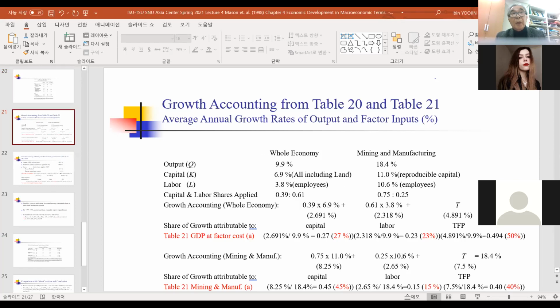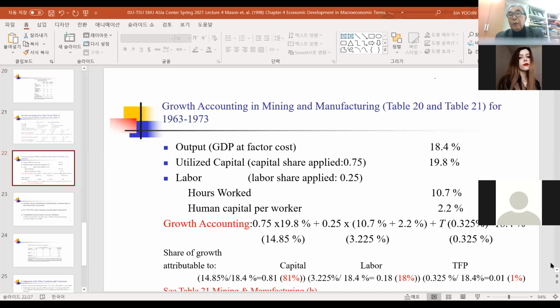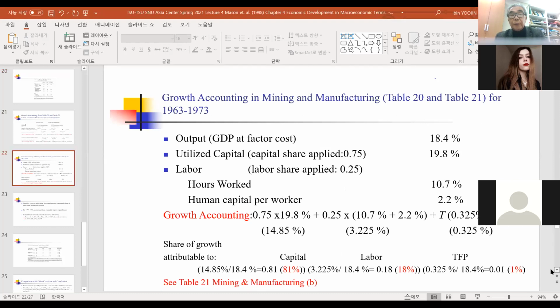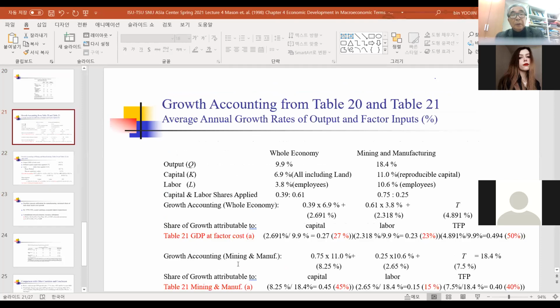That must be the labor growth rate. So go back to Table 20 and find mining and manufacturing labor, 10.6%. You got this number. Okay? So you can make growth accounting for mining and manufacturing alone.